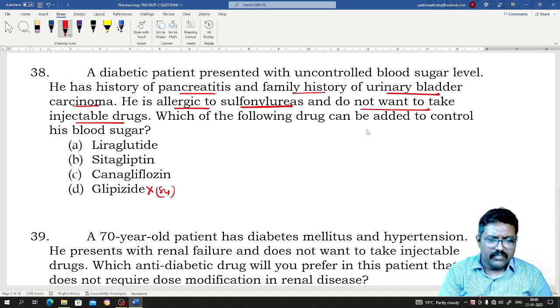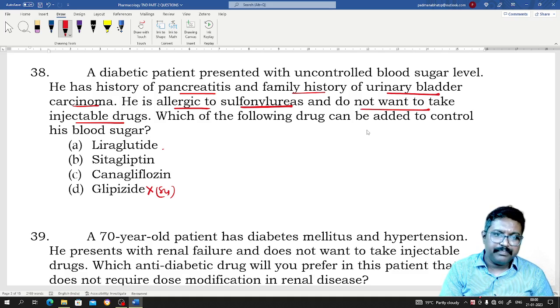Liraglutide is a GLP-1 analog, and sitagliptin is a DPP4 inhibitor.